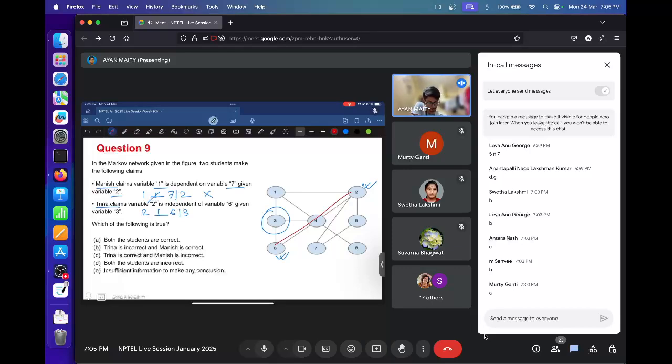There exists a path between 2 and 6 which cannot be blocked by 3, so 2 and 6 are dependent on each other. So this claim is also incorrect. Both students are incorrect.